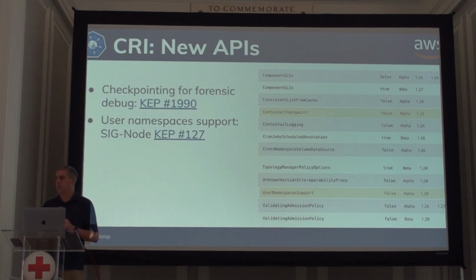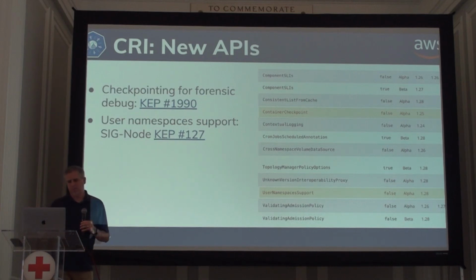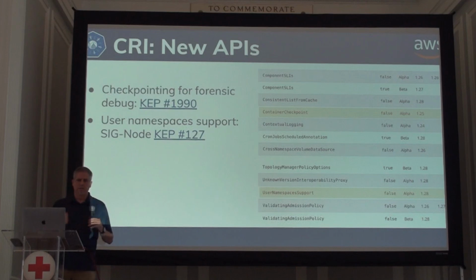You can see in the first column whether this is on by default. Many of these are false because they're newer features. What's the current maturity? In the case of both of these, they are still alpha. And then, what's the first release that this was available in Kubernetes? You can see this web page is growing because there are hundreds of feature gates now in Kubernetes. Some of them are CRI related, and many of them are not.